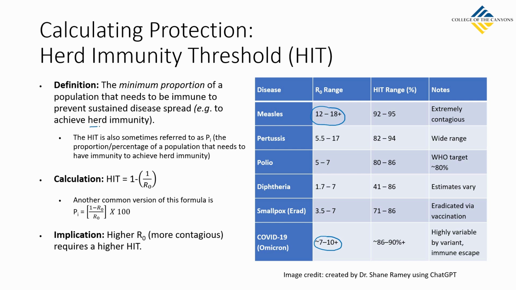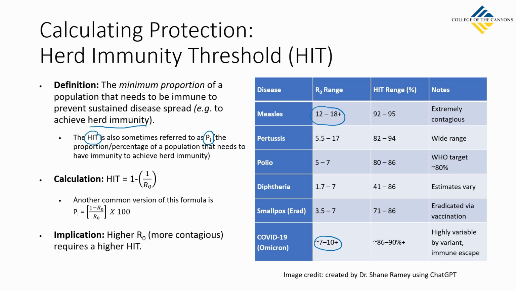PI stands for the proportion or percentage of a population that needs to have immunity to achieve herd immunity. So essentially, HIT, the herd immunity threshold, and PI are the same thing.